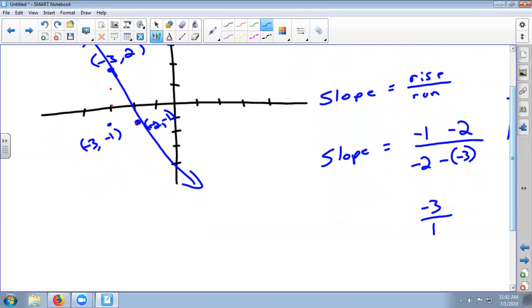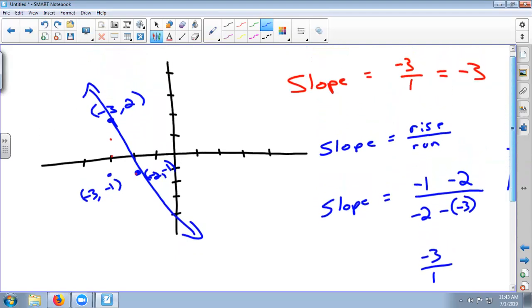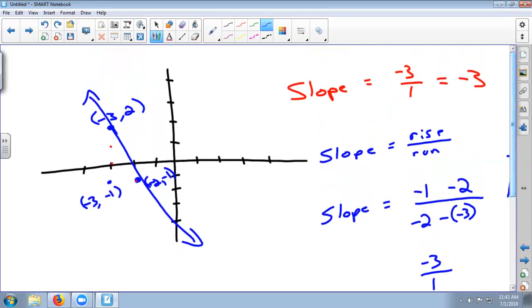Okay. We are simply subtracting the y values on top and the x values on bottom. If I give you these two points, we are subtracting the y values on top and the x values on bottom.